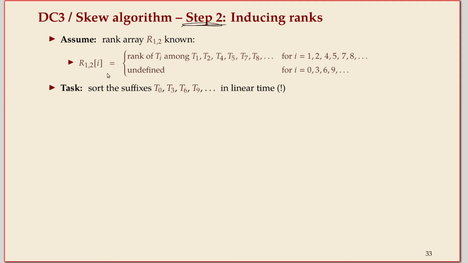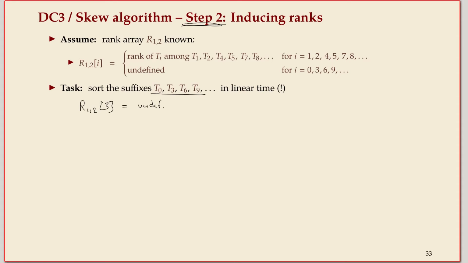And the way I write it here is there will be an entry like R1, 2, 3. There's an entry for that, but it's undefined. All right, so this array always has 2 numbers and then an undefined. That's just for convenience.